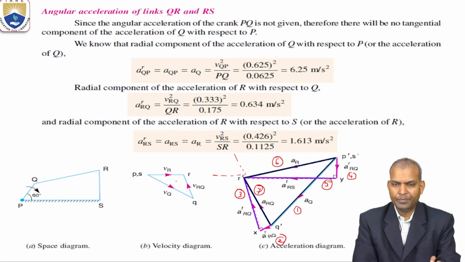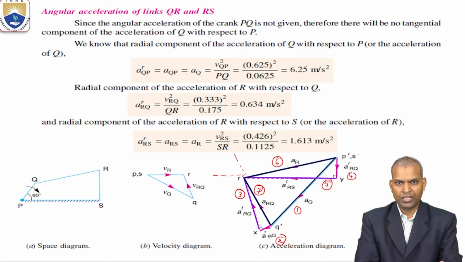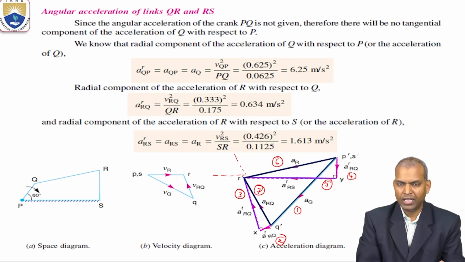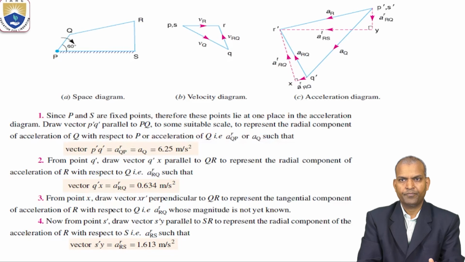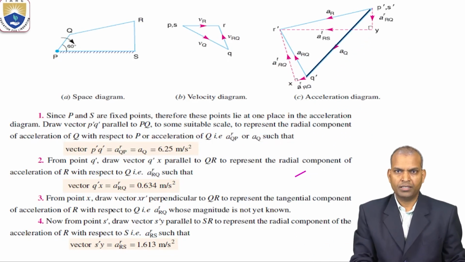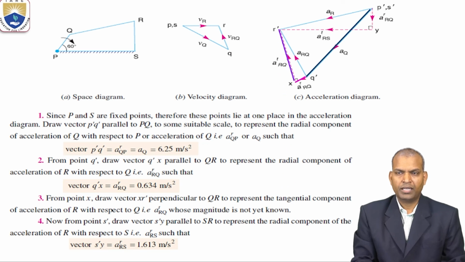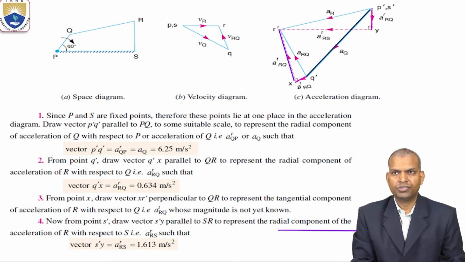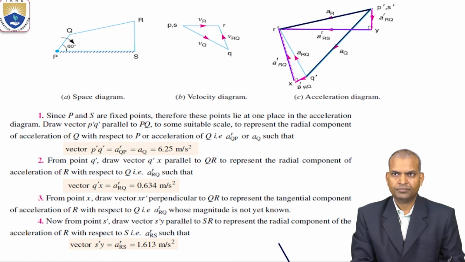Provided you keep ready the data, whatever known values we have from the velocity diagram. So as I showed you here, those are the steps I mentioned, in order to find the various values of tangential and radial acceleration components of various links.